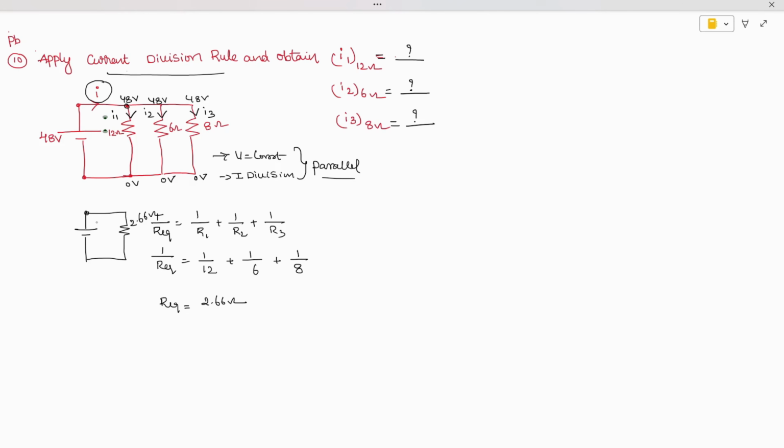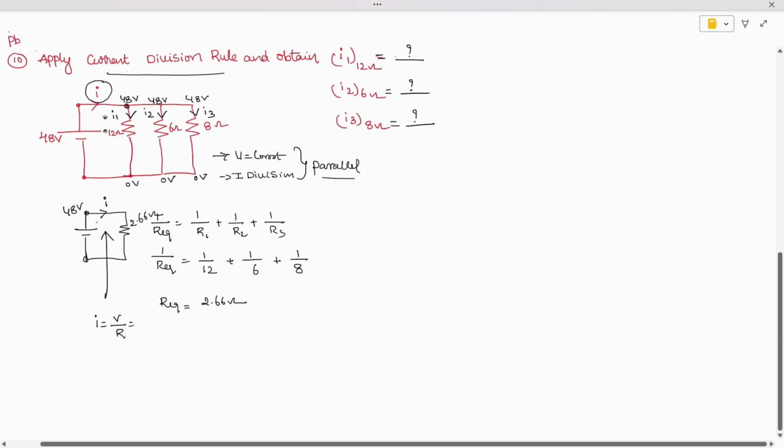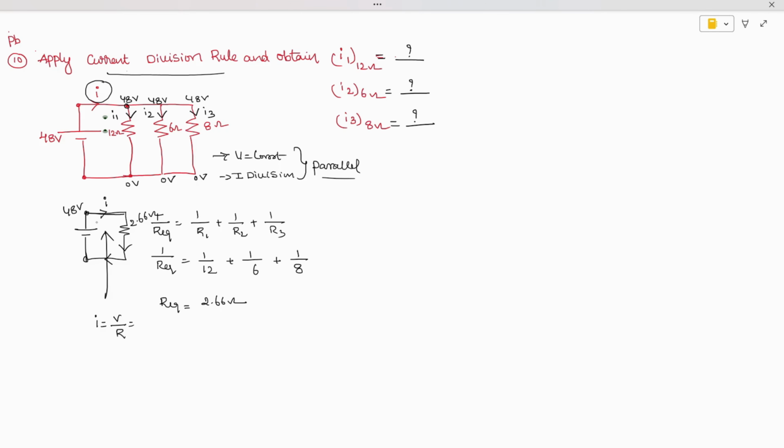How much voltage have we applied here? Which is nothing but 48 volts. We require the current I. In order to find the current I, the formula is I equal to V by R. Current flows from the 48 volts and tries to form a closed path.